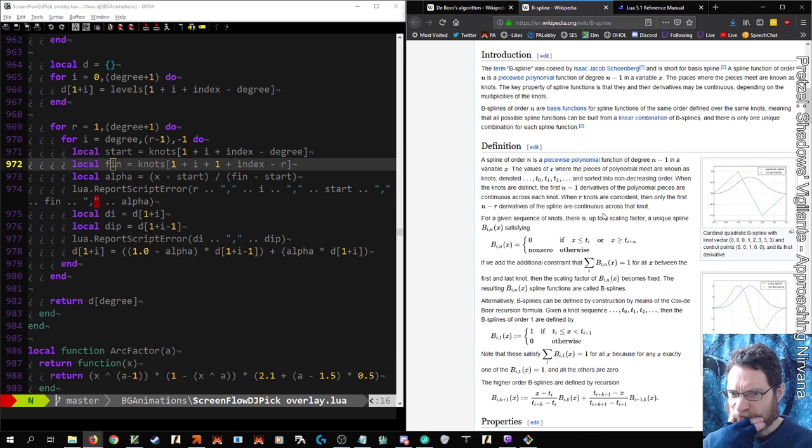Degree n minus 1. Spline of order n is n minus 1. Knots T0, 1, 2. Knots are distinct.